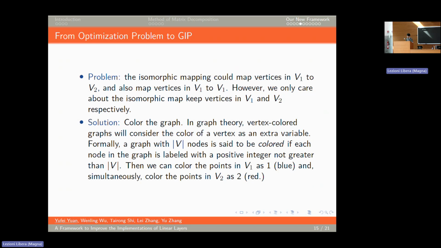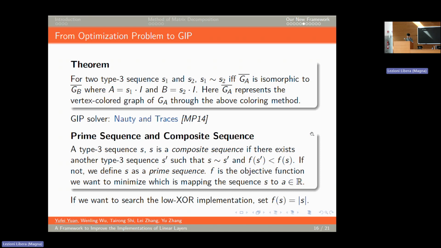Formally, a graph with V nodes is said to be colored if each node in the graph is labeled with a positive integer not greater than the size of V. Then we can color the points, and we obtain the theorem: for two type 3 sequences, S1 and S2, S1 is equivalent to S2 if and only if the vertex-colored graph of GA is isomorphic to the vertex-colored graph of GB.